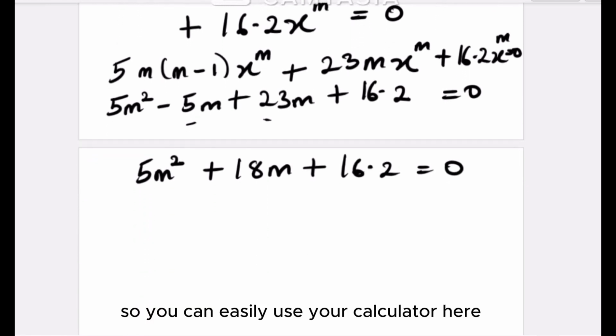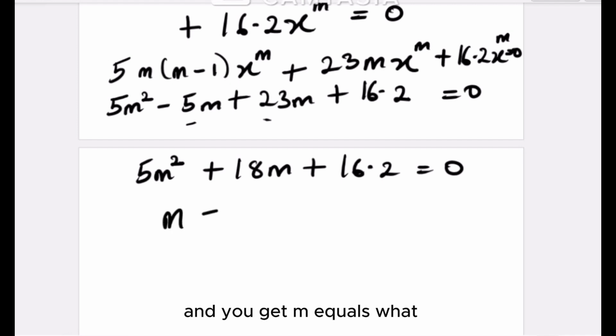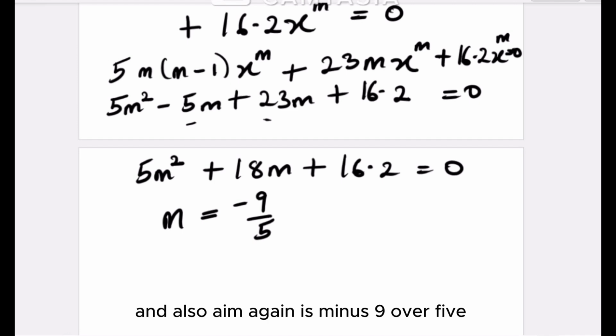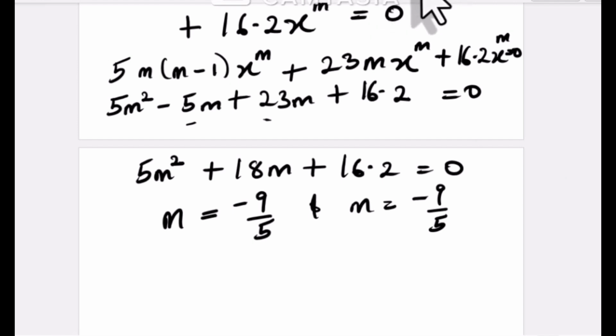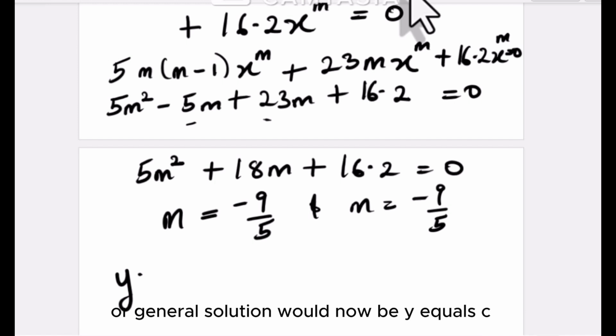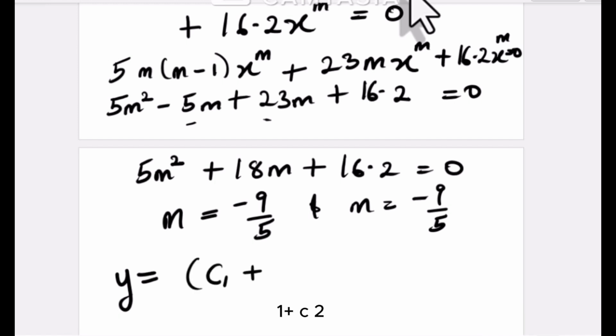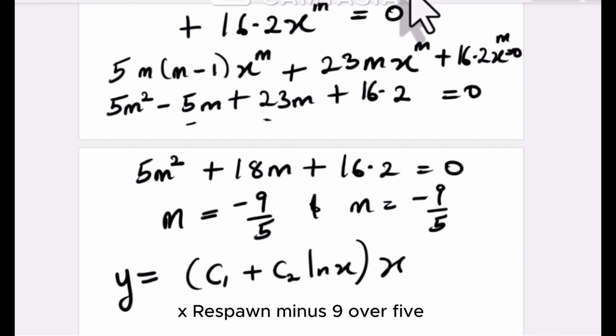So you can easily use your calculator here, and you get m equals minus 9 over 5. And also m again is minus 9 over 5. The general solution would now be y equals c1 plus c2 ln x, times x raised to power minus 9 over 5.